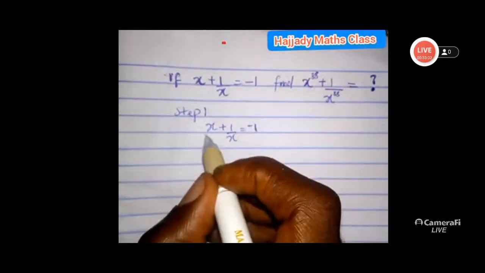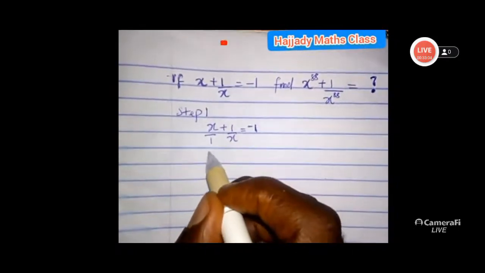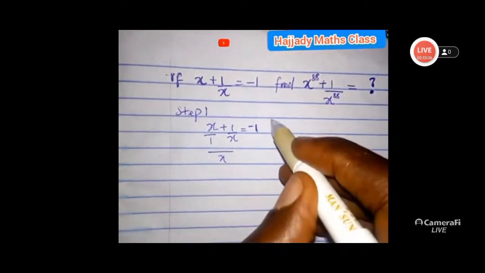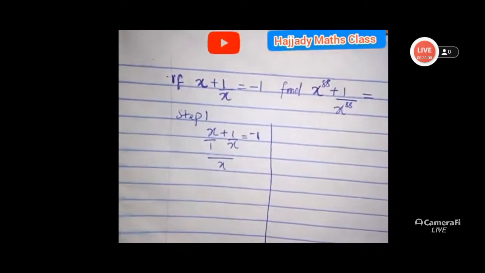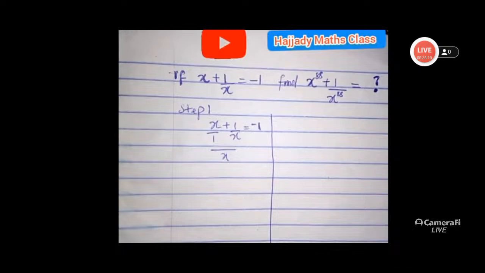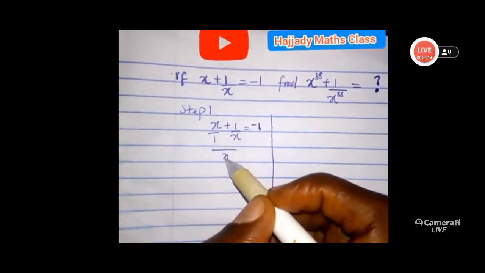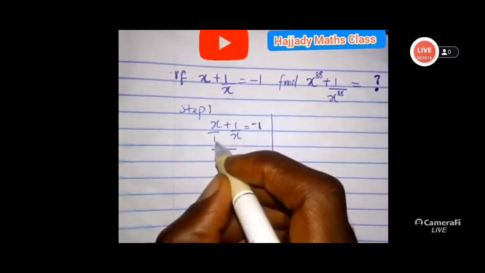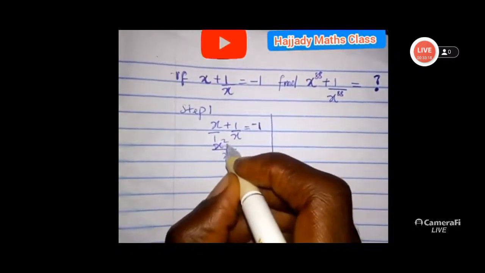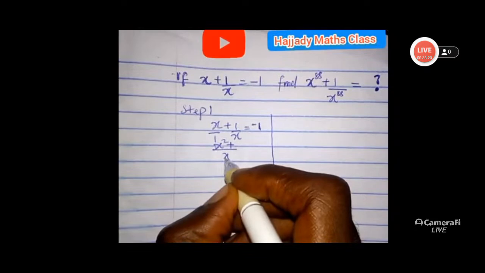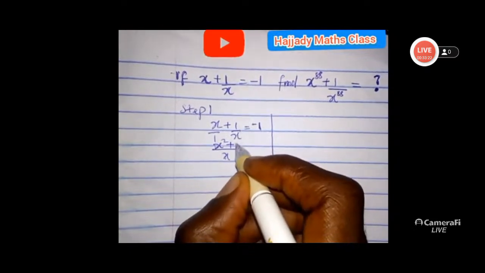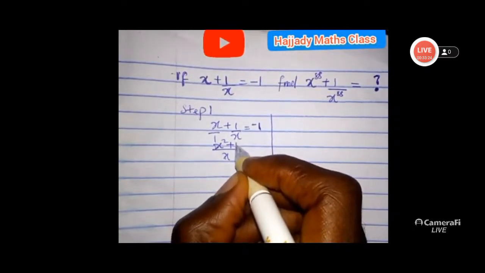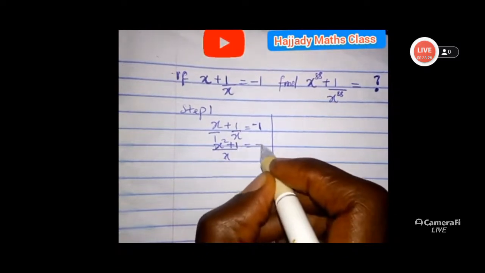Now finding the LCM of this, we have the LCM to be x. So finding the LCM of this, we have 1 in x to be x, multiplied by this, we have x squared. x in x is 1, multiplied by 1, we have 1, equals minus 1.